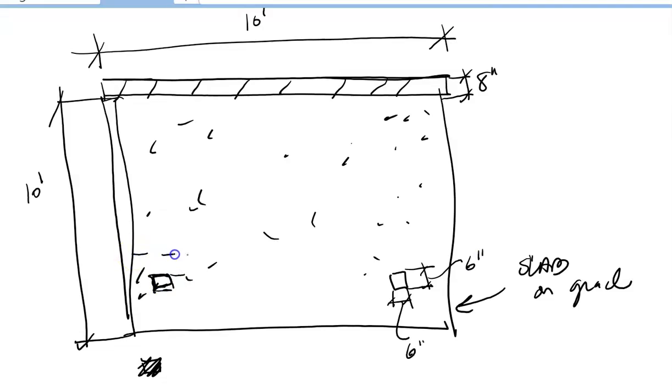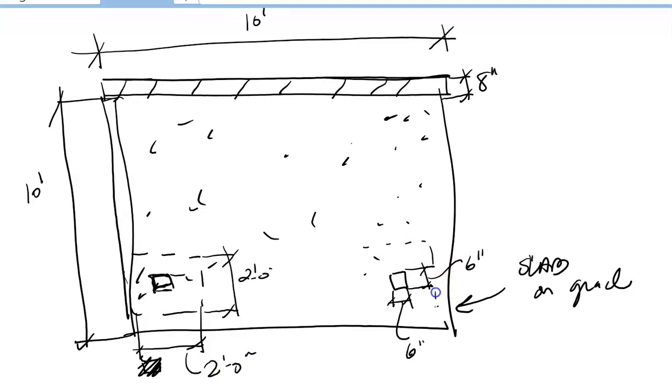And I'm going to dash my footing in. So here's my footing. So it's 2 foot by 2 foot. And then I'm going to label everything. Copy that over here. So here's my footing, 2 foot. And it's 12 inches thick.